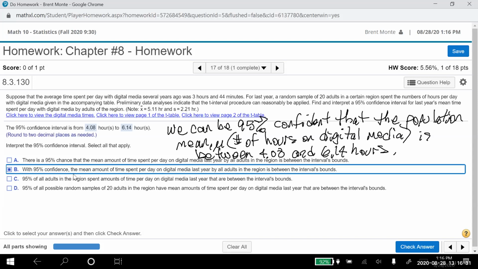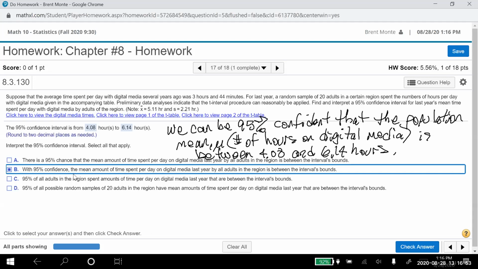No, it's not 95% of the people. It's we're 95% sure that's where the average is. And 95% of all possible random samples of 20 adults? We don't know how many percent of the samples will be in there. We just know that we're 95% sure that that's where the mean is.